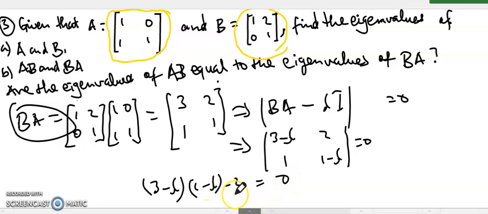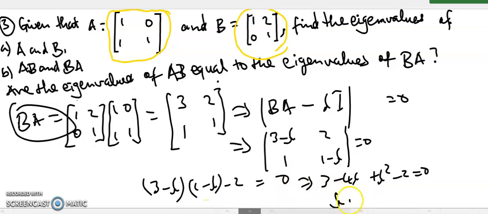If you observe, it looks the same as the first one, so this means that we have 3 minus 4 lambda plus lambda squared minus 2 equal to 0. Of course, we can use the quadratic formula to solve this, and we can as well use our calculator.